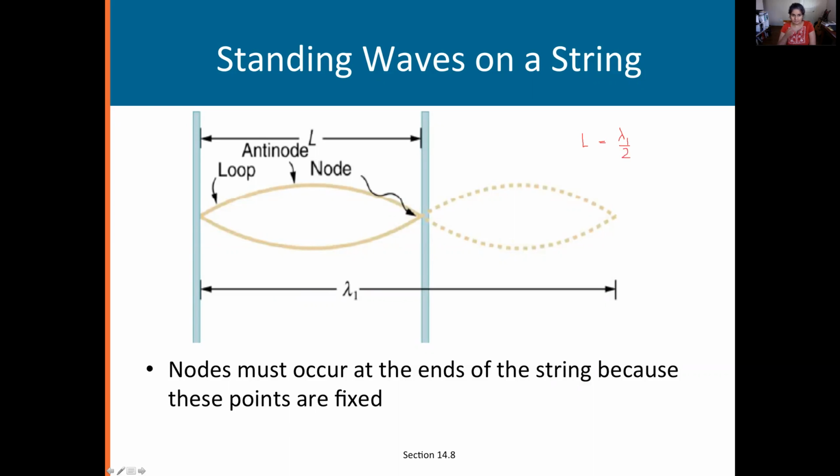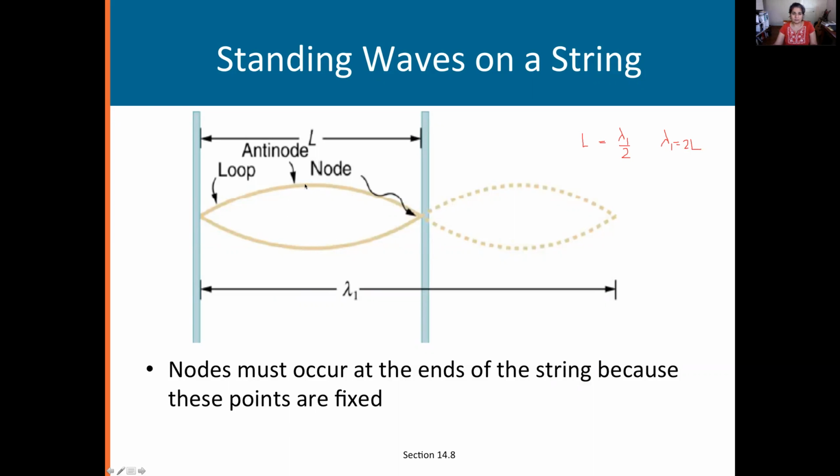Half the wavelength. Or lambda 1 equals 2L. This is the longest wavelength we can get, or the lowest frequency, the first frequency. So this is the loop we said produces one loop.